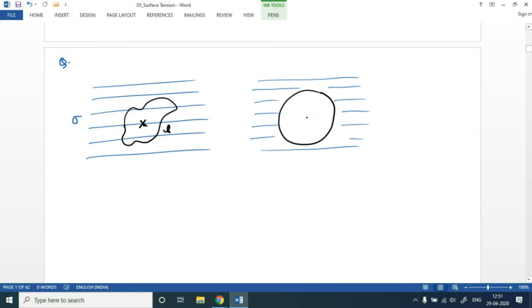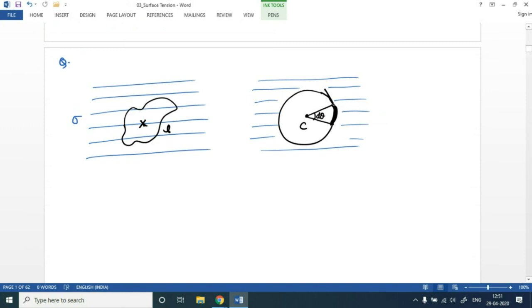So let's say this would be the center of this circle, and let's take a small angle d theta, take this part of the thread and draw the free body diagram, or analyze the force acting on this part of the thread. This part of the thread is in contact with the remaining part of the thread also.